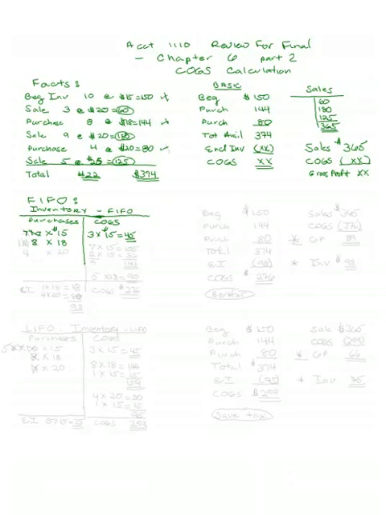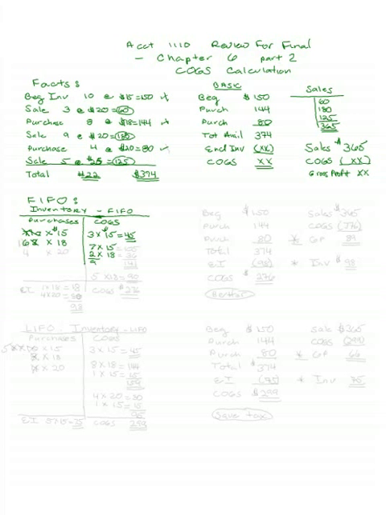The first to go would be 7 at $15 each, and these are now gone, so there's none left. And we need to get to 9, so we'll take 2 more at $18 each. And if I sell 2 of those 8, there will be 6 left. So I'll have 6 left at 18 in my ending inventory, and you can see I sold 9.